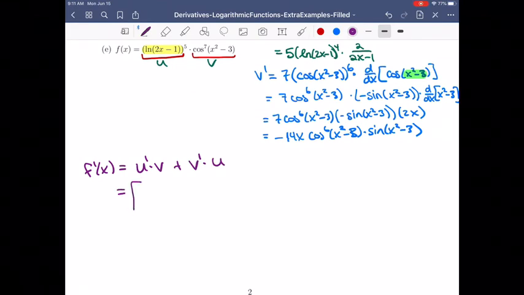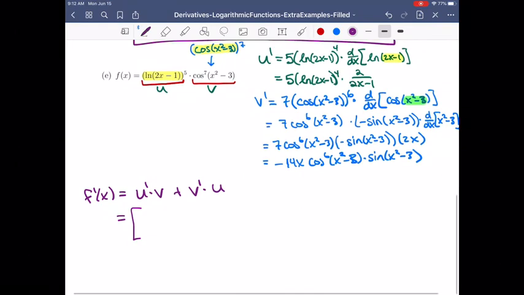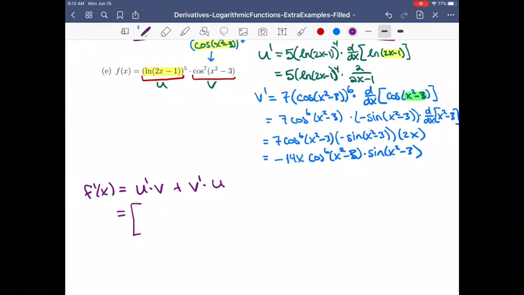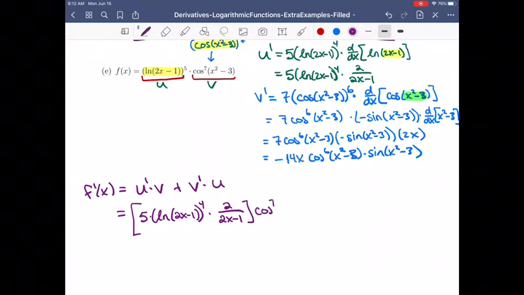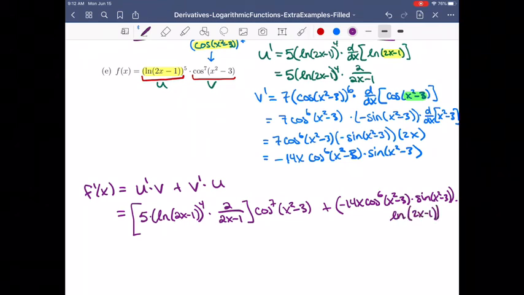So u prime is 5 times ln of 2x minus 1 to the power 4 times 2 over 2x minus 1 times v as it was, so that's cos 7 x squared minus 3, plus the derivative of v, v prime, so this is negative 14x cos 6 x squared minus 3 times sine x squared minus 3, okay, times the first function as it was, so ln 2x minus 1 all to the power 5.